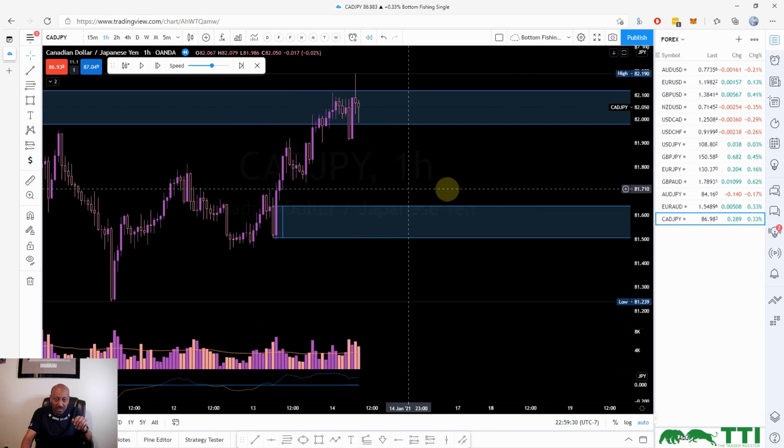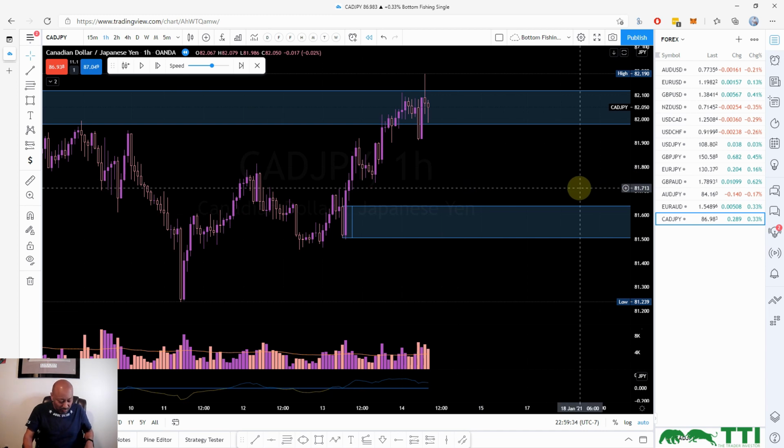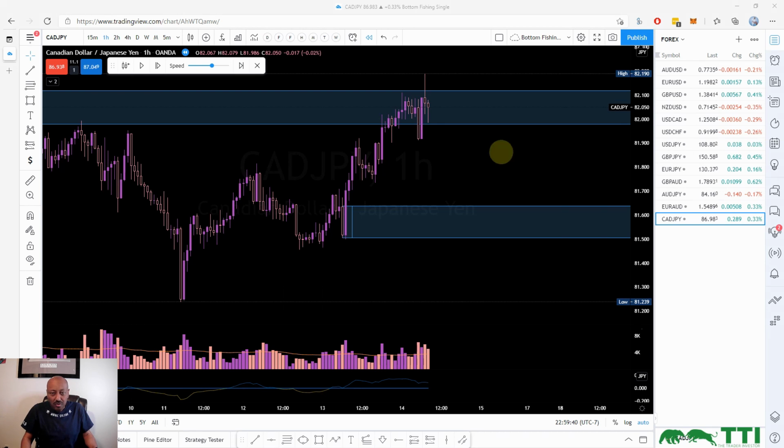and if we see a break of structure on the hourly, a break of structure meaning lower highs and lower lows. So we have a high, the price needs to come, make a new low, make a new lower high, and we can enter to this downside.